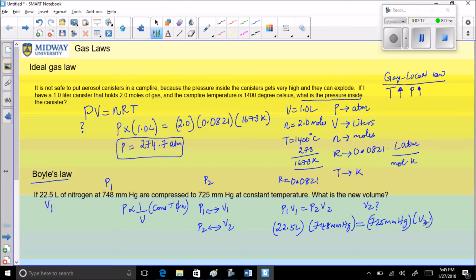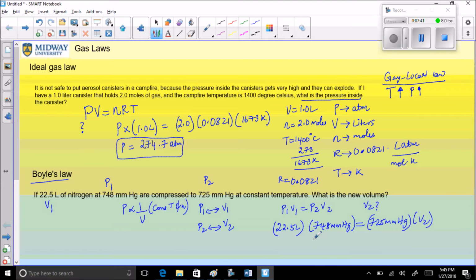Now, what does Boyle's law state? Pressure is inversely proportional to volume. That is, if pressure goes down, volume should go up. Pressure 1 is 748, pressure 2 is 725, so pressure has gone down from where it started. We would expect the volume to go up.